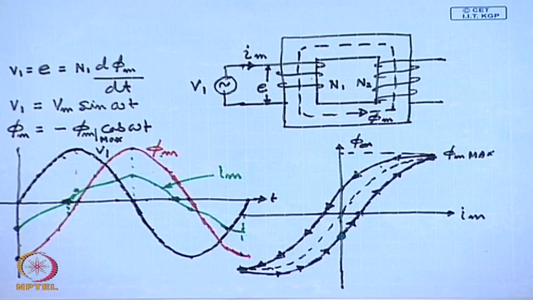At this point, it should be mentioned that in our treatment of the harmonics, we have considered the resistance of the primary winding, or the winding to which voltage is applied, to be negligible.